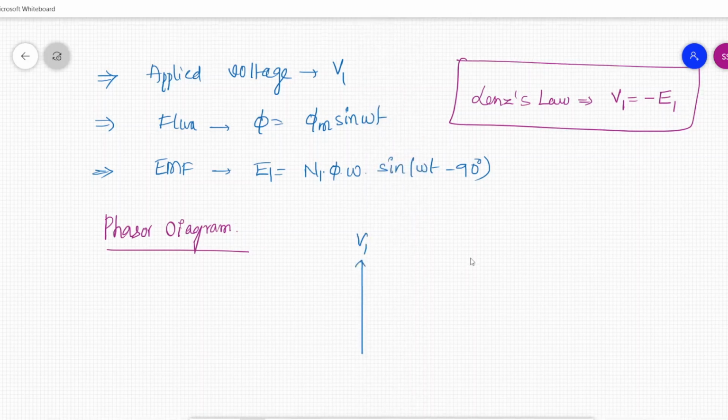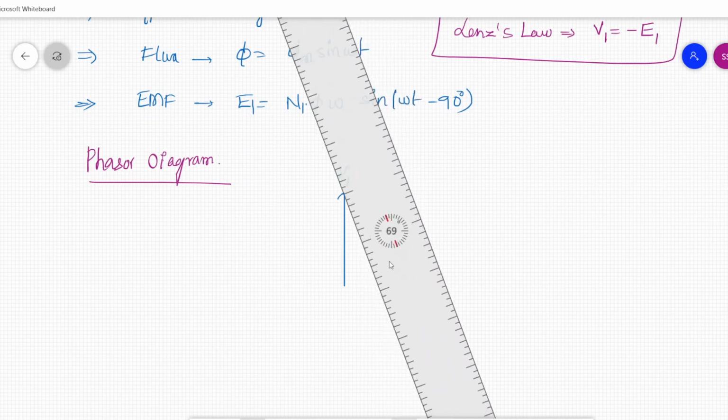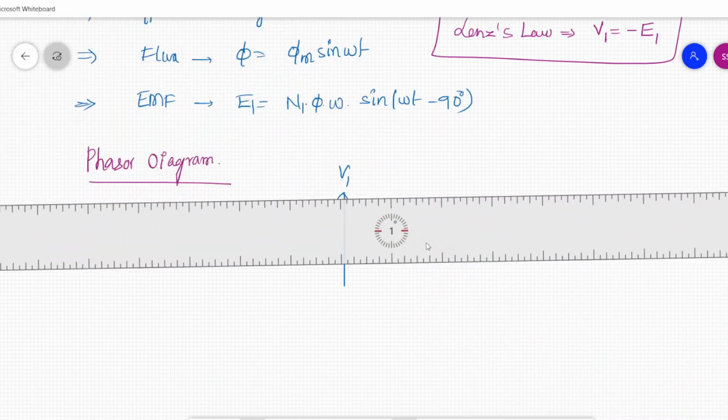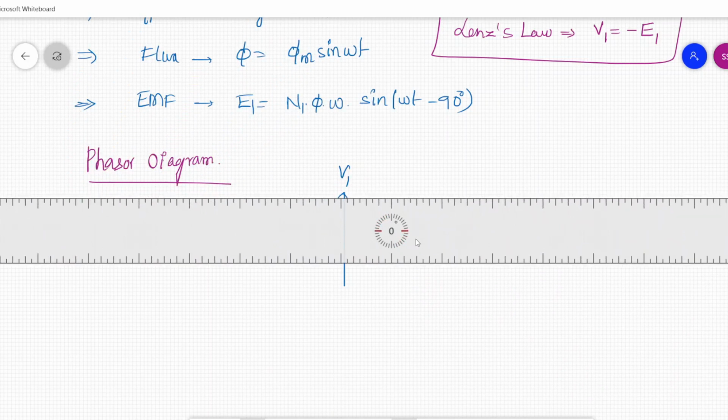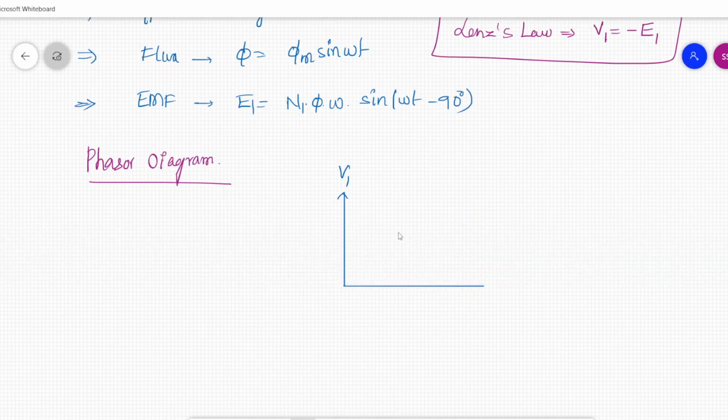Okay, then the flux phi will be lagging this applied voltage by 90 degrees, because of the inductive nature of the coil, so the current will lag the voltage first. Here we are applying voltage and there is a magnetizing current creating flux, which is lagging the supply voltage by 90 degrees because of the inductive nature of the coil.